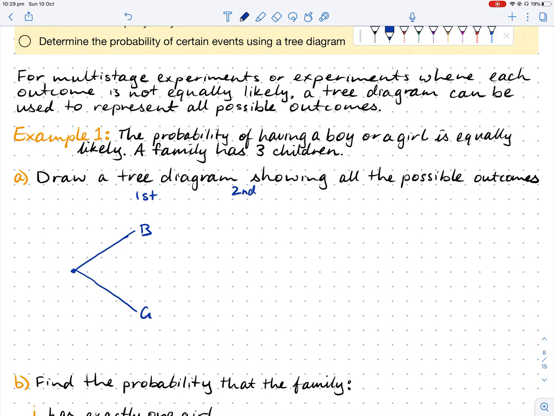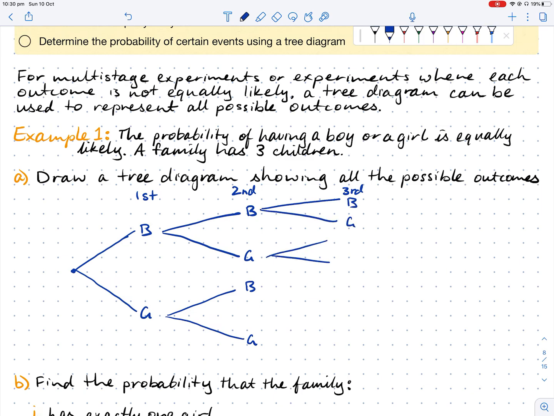When we get to the second child, if the first was a boy, the second one could be a boy or a girl again. If the first one was a girl, again we can have a boy or a girl. When we get to the third child, again, boy or a girl, boy or a girl, boy or a girl, boy or a girl. So that's all the different possible options that we can have.